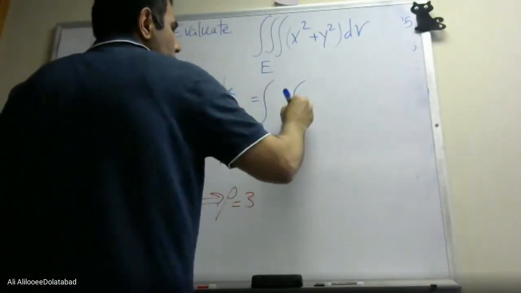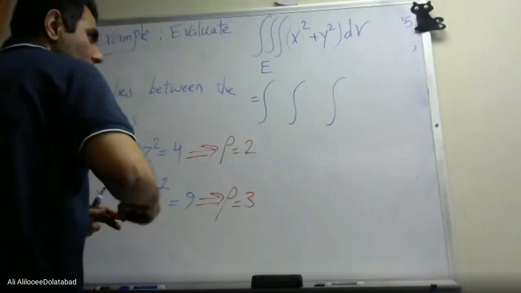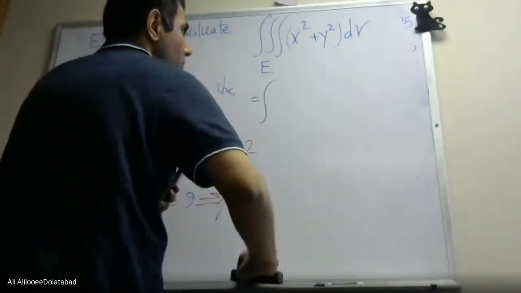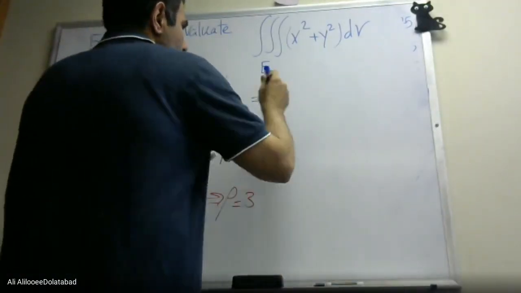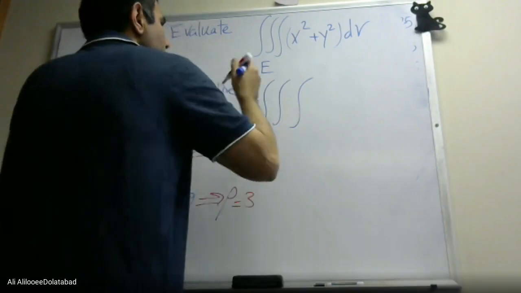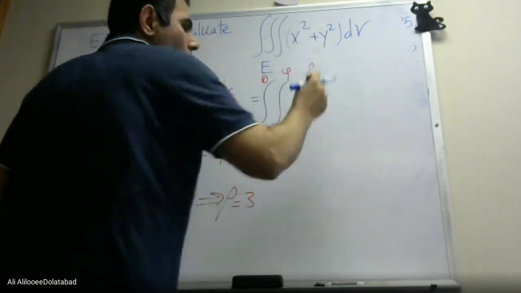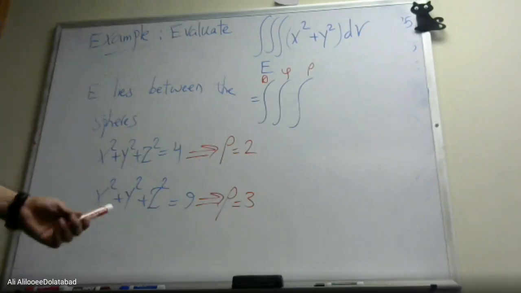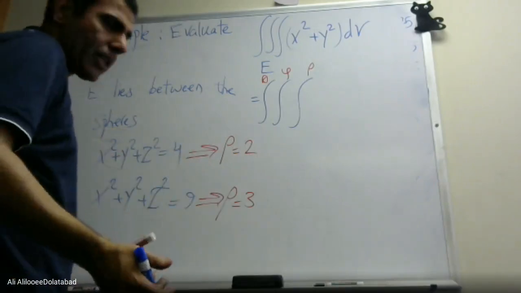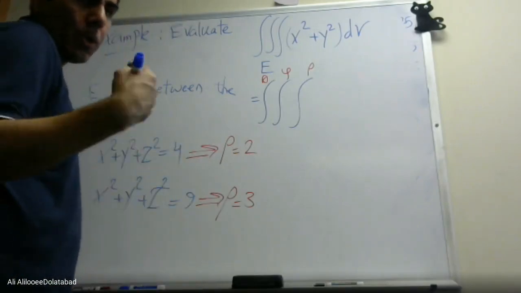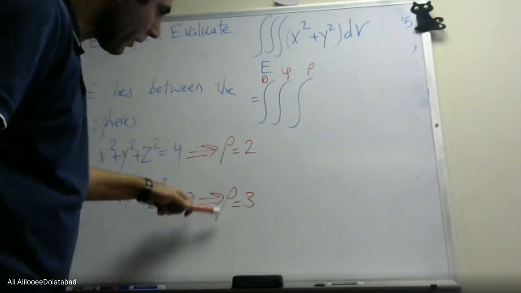Okay, so let me erase this and find this integral. This is equal to the integral with theta, phi, rho. The bound on rho is clear, because you know that your solid is the space between these two.